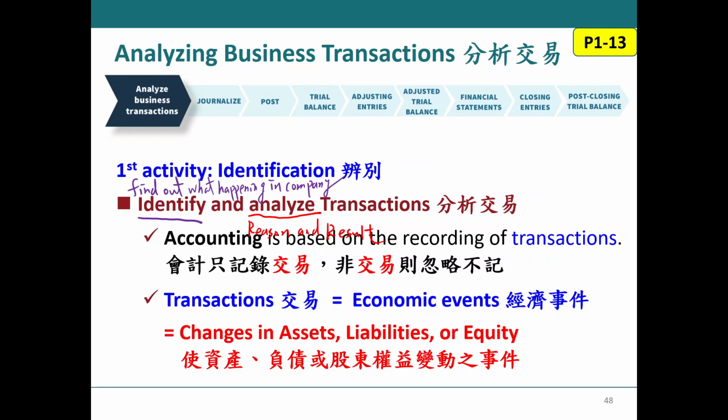Economic events means what? Everything about cash. In finance and accounting, we talk about events only about money. So economic means money, and the money.